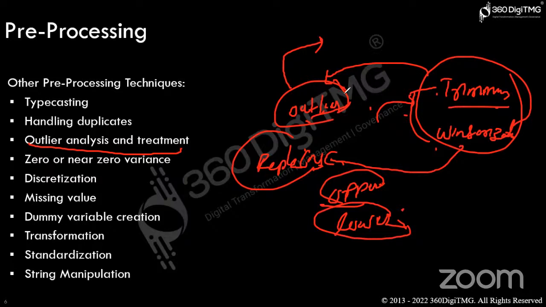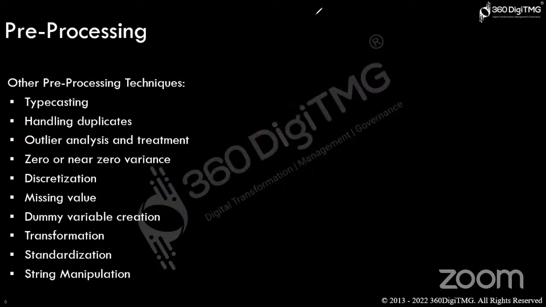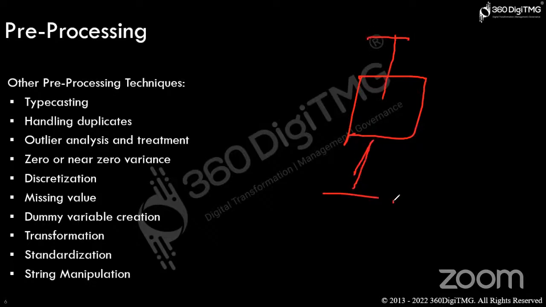See, it is a box plot. Whenever you are finding the outliers, you will be using a box plot. It has a minimum value, quartile 1, quartile 2, quartile 3, and a maximum value.